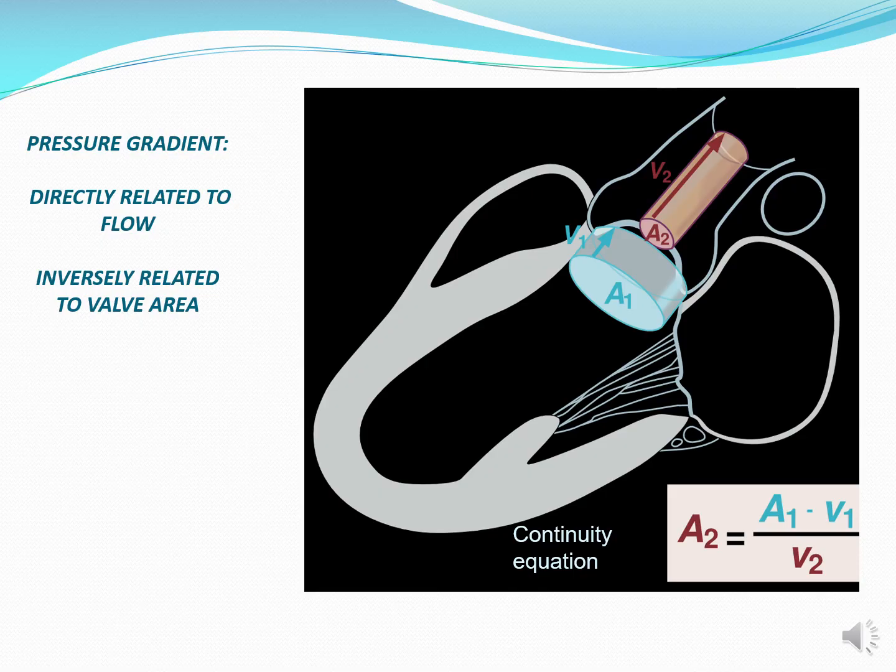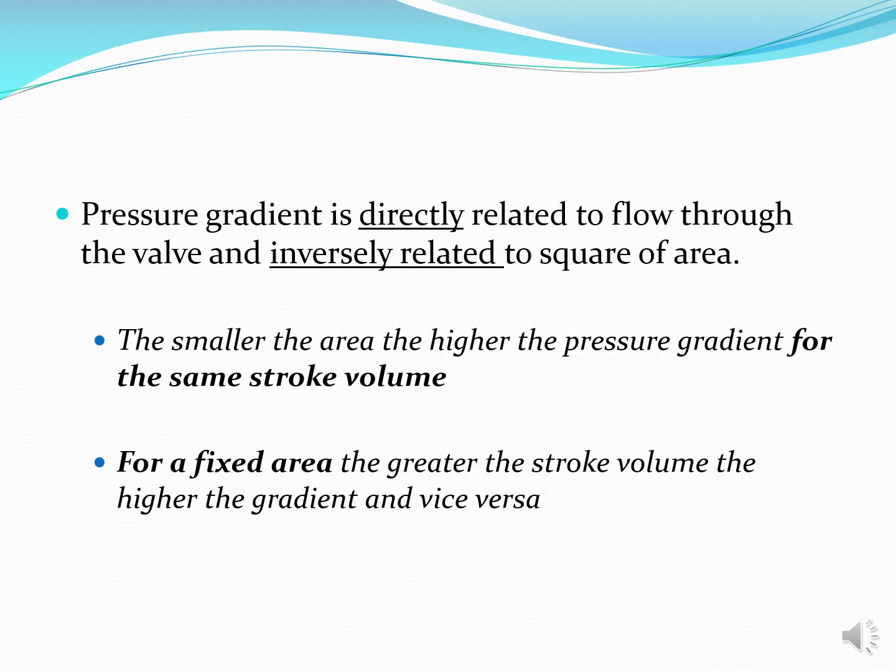What we want to remember is that the pressure gradient is directly related to the amount of flow, and it is inversely related to the valve area. This is written here.